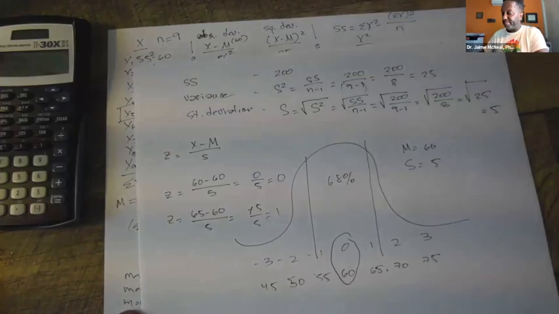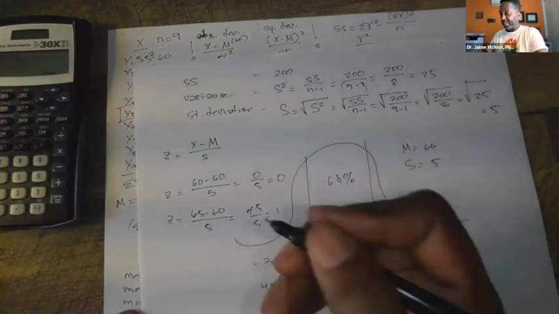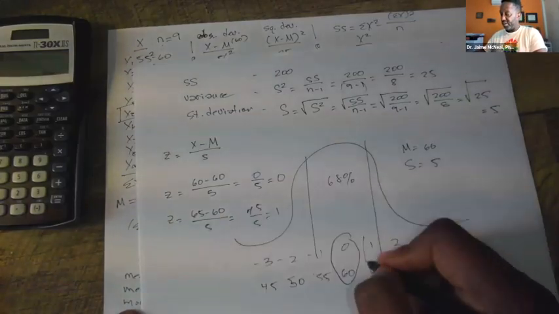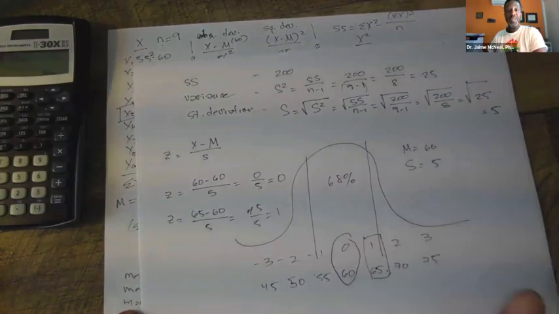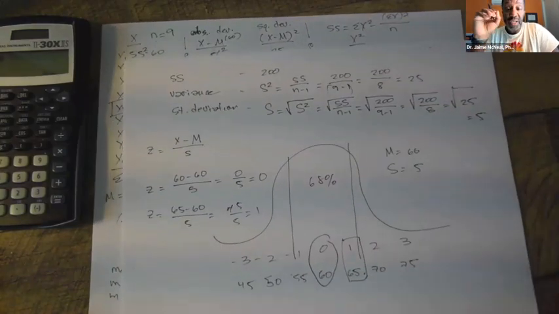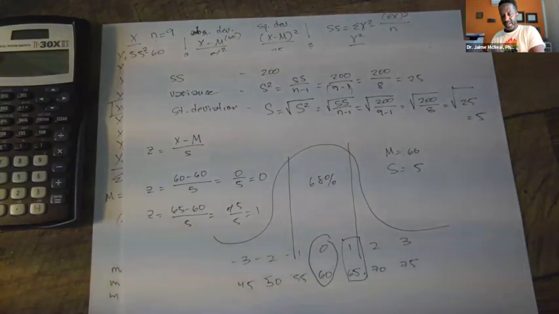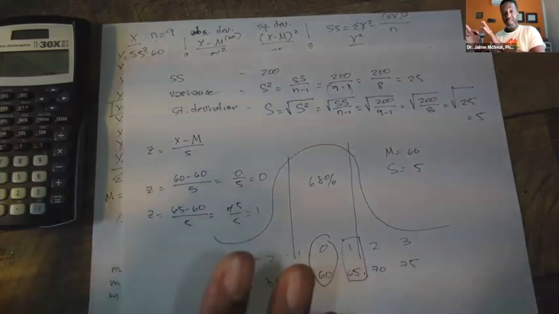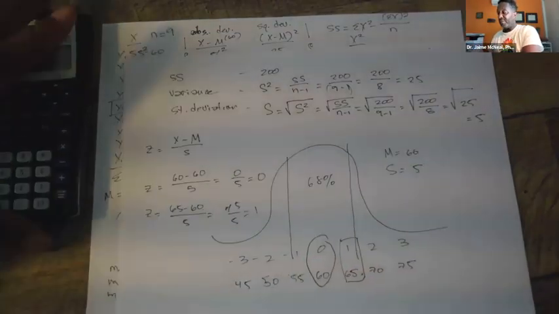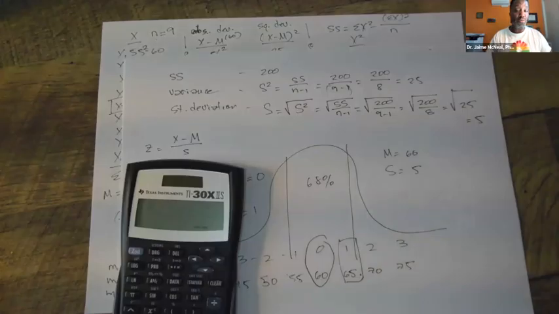Sorry, mistake. 5 divided by 5 is 1, which is right here. All right. So that should give you a review of how to reduce the data using the definitional formula and the computational formula. I want to very quickly show you 2 more methods.